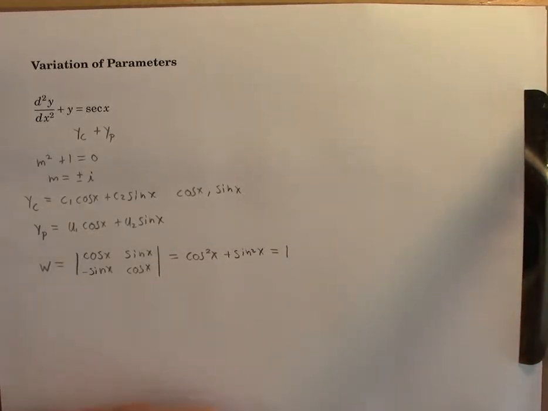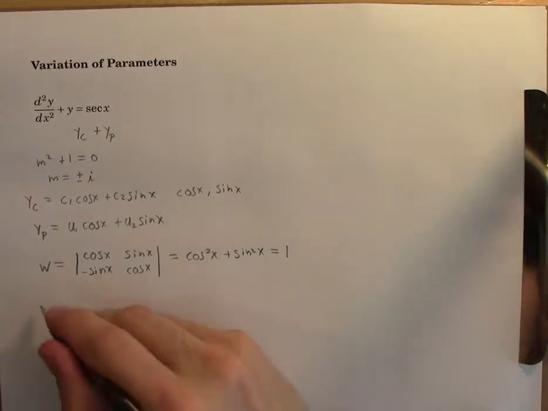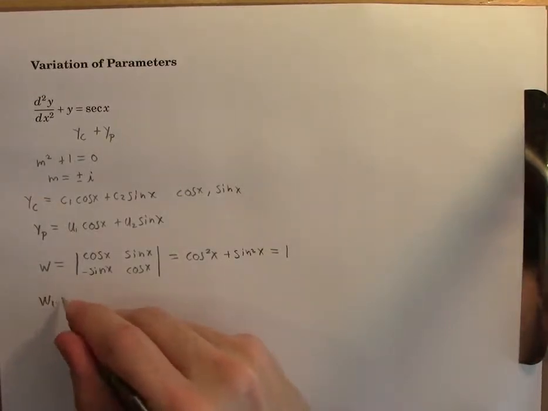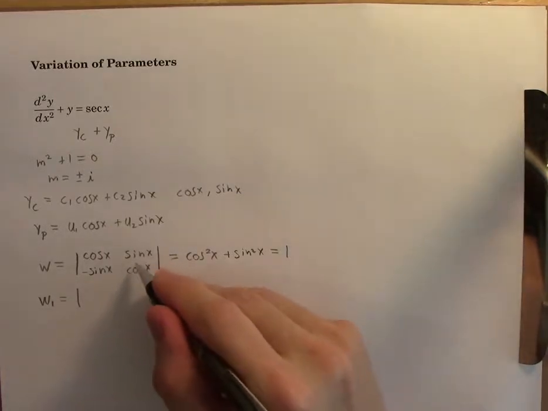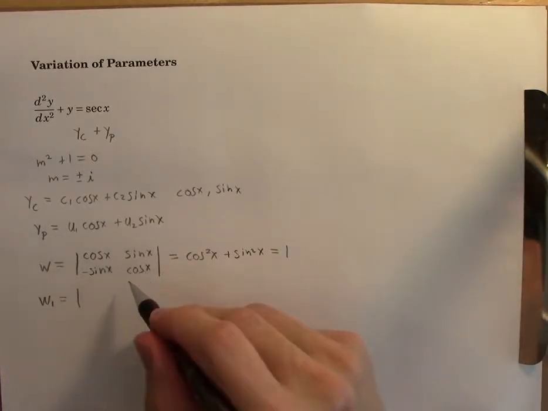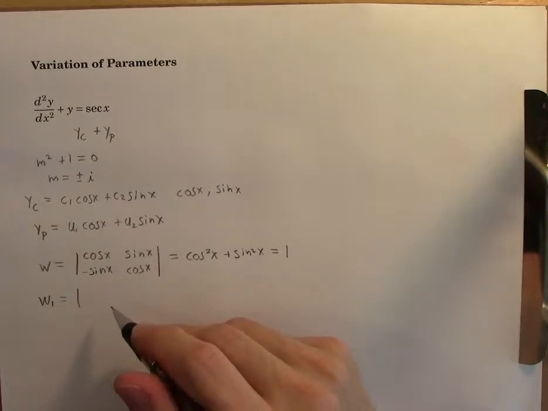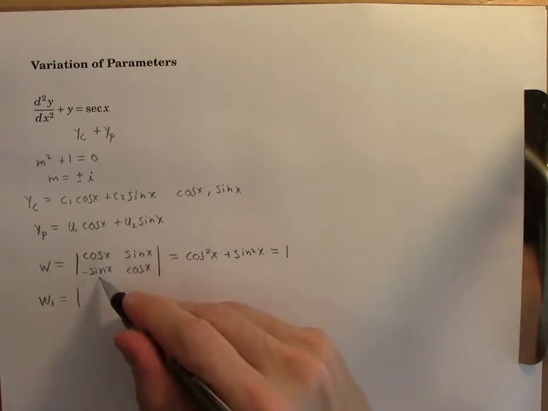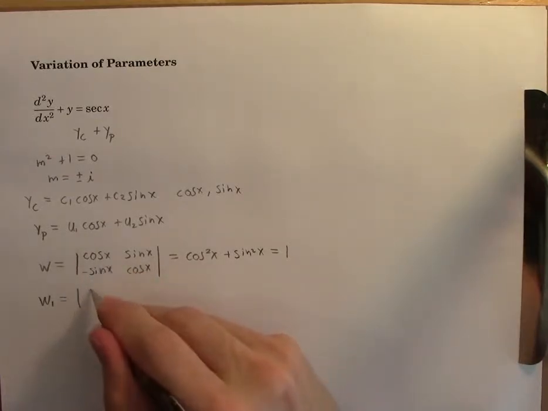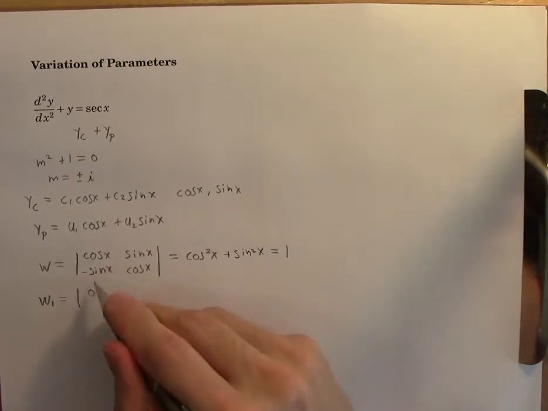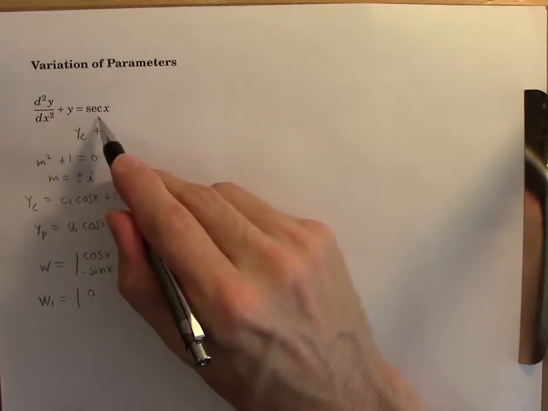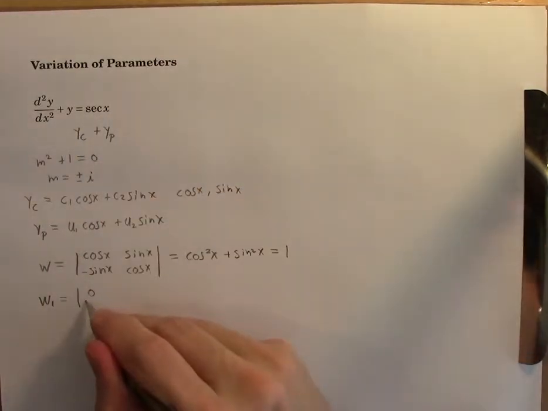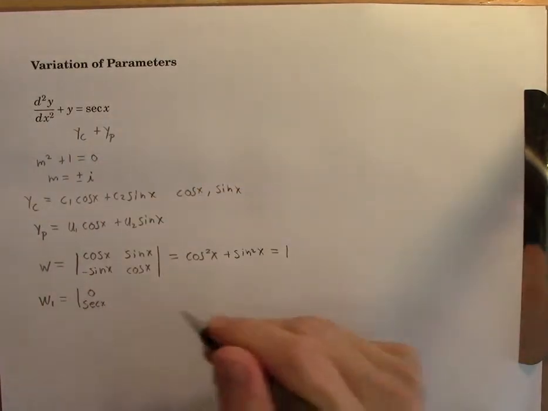Now there are two other determinants that we need to compute. There's the determinant we'll call W1. We get W1 from the Wronskian determinant by replacing one of the columns. We'll replace the first column in the Wronskian by a 0, and the next entry will go up to our differential equation and get this function right here, secant of x.